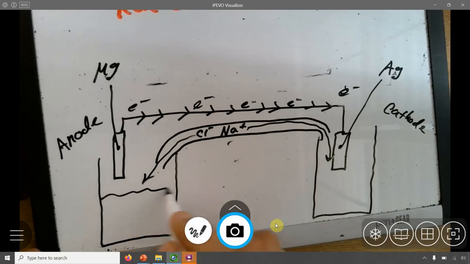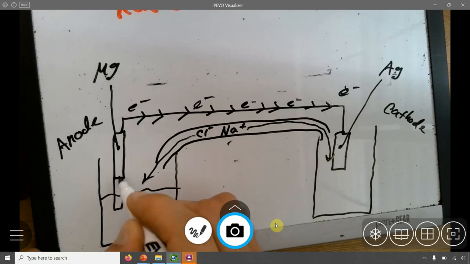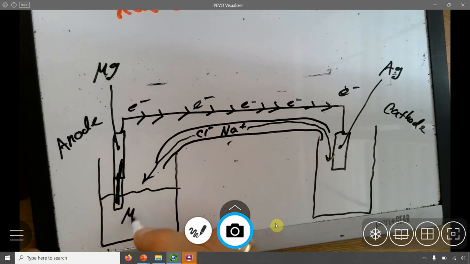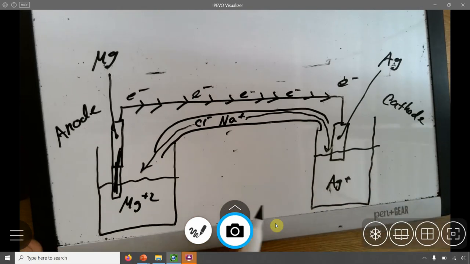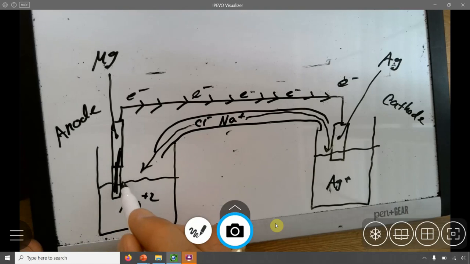So basically, let me put this all in. In this solution, I'm going to have Mg plus 2, and in this solution, I'm going to have Ag plus. And as this goes along, this dissolves.